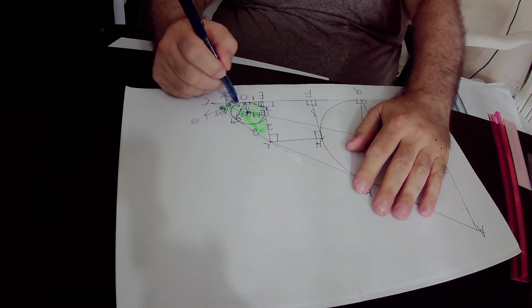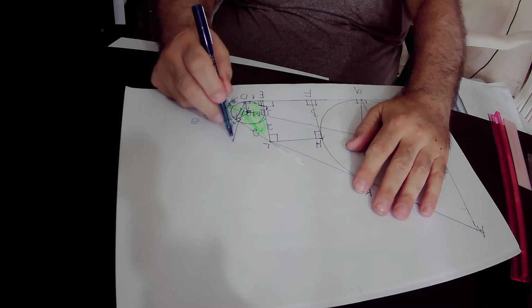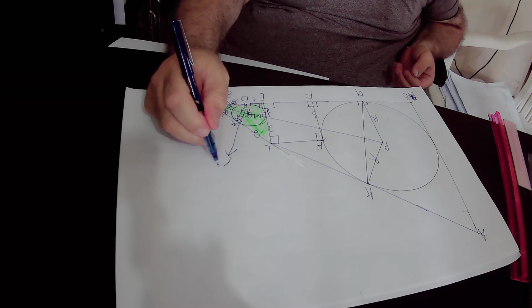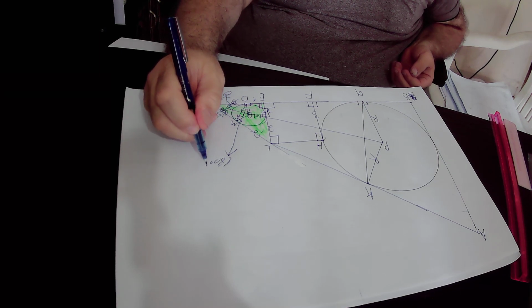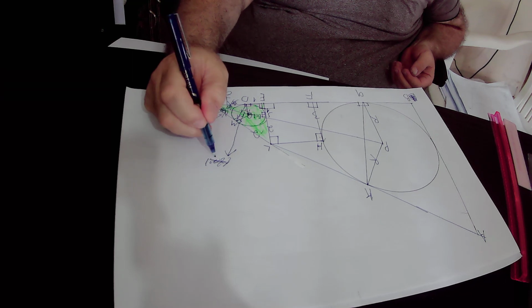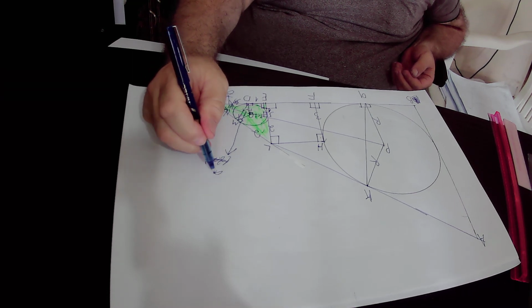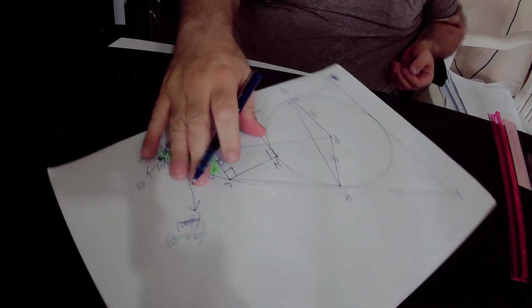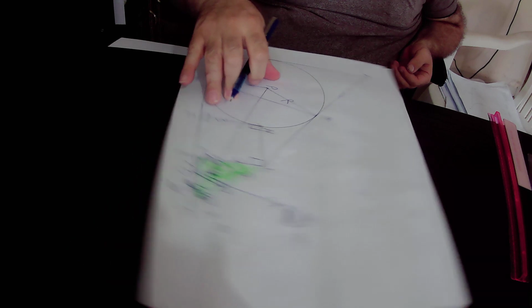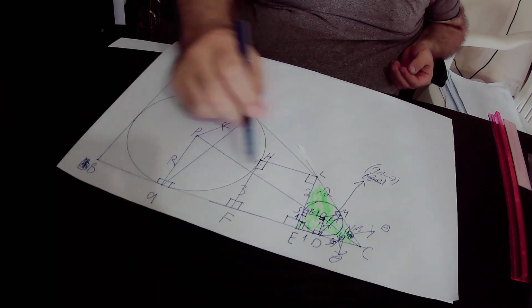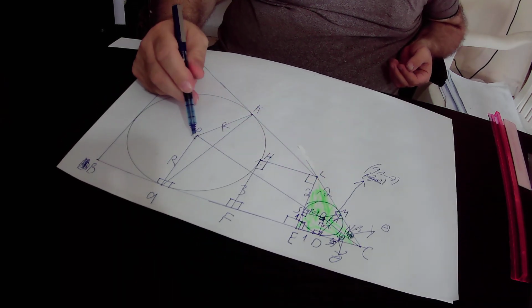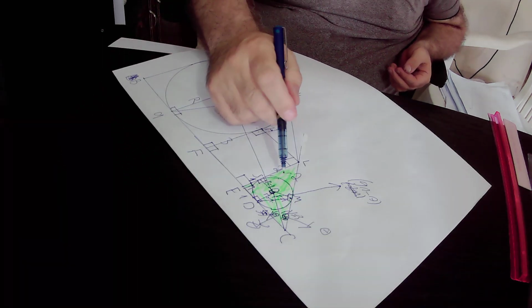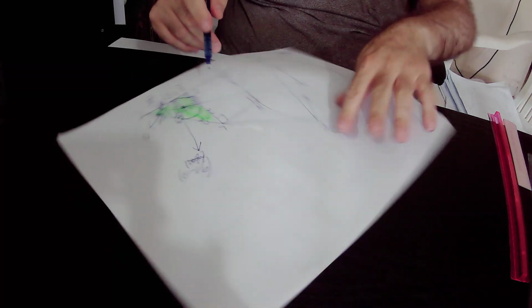Because 90 degrees minus theta plus theta is 90 degrees, and 90 degrees plus 90 degrees is equal to 180 degrees. This is the sum of the angles in any triangle. Likewise, if we focus on the right triangle PQC, this angle equals 90 degrees, this angle equals theta, therefore this angle must be equal to 90 degrees minus theta, for the same reason.